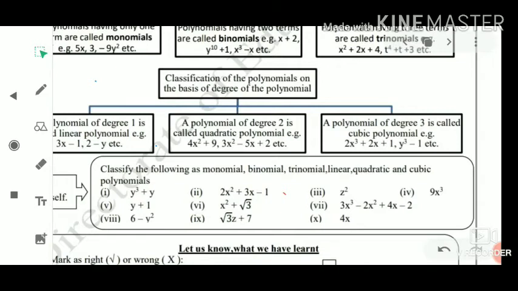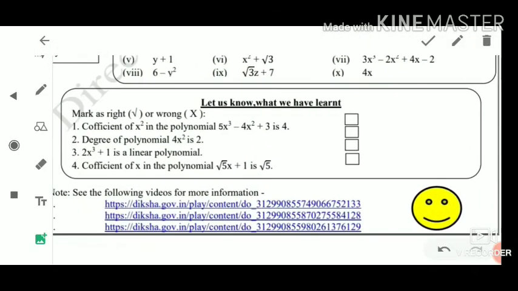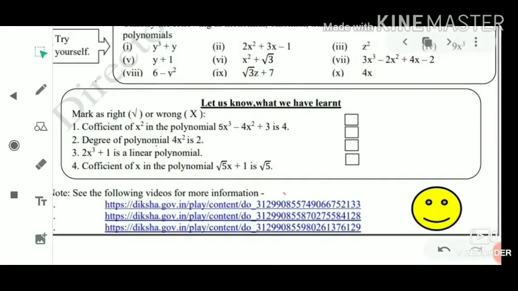Let's check the true and false, how we can make it. So the first is asking us the coefficient of x square in the polynomial 5x cube minus 4x square plus 3 is 4. Here we can see the coefficient.